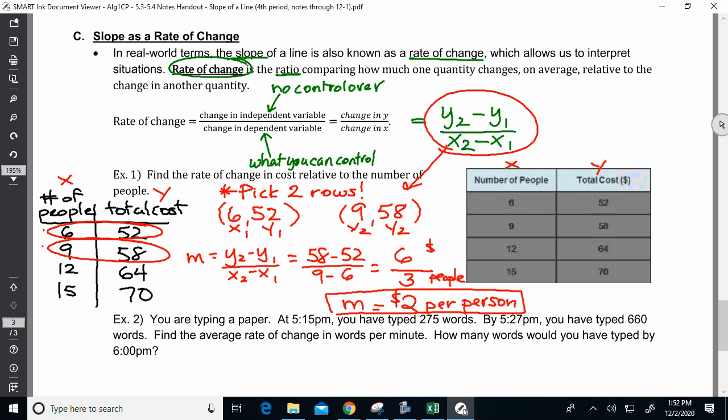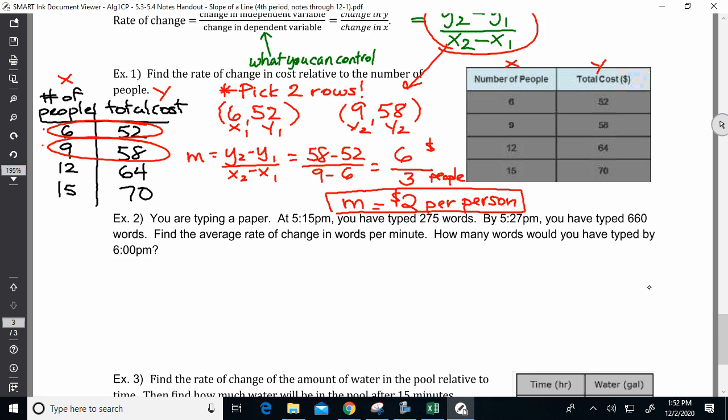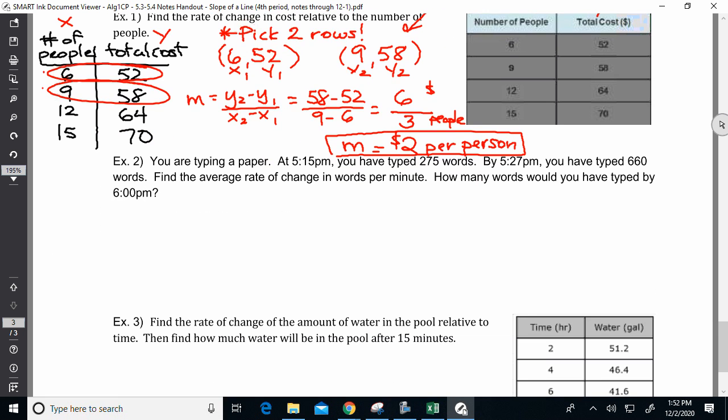Not seeing any, not hearing any. So that means I get to assume that everyone knows what they're doing, which I'll find out this weekend when you're taking your quiz. Example 2.